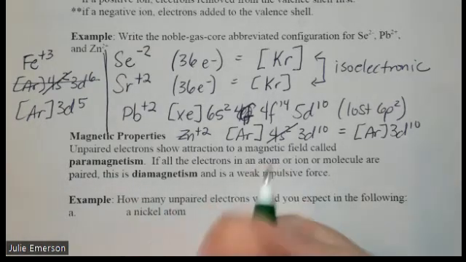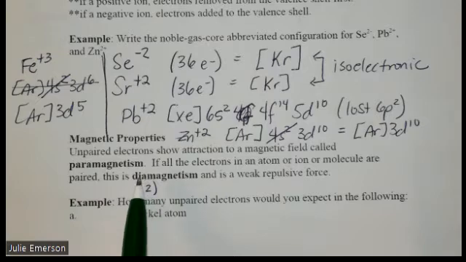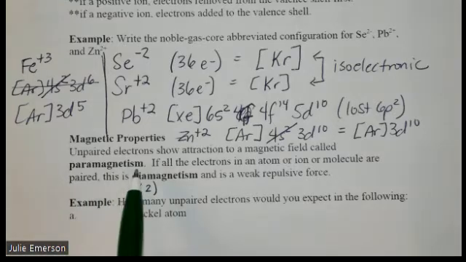You want to think di, meaning in twos, right? So di for two. So if you look at an orbital diagram with the boxes and the arrows, and all of the arrows are paired, so everything is in sets of two, it is diamagnetic. If you have electrons that have like a single in a box where they're unpaired, that is paramagnetic.